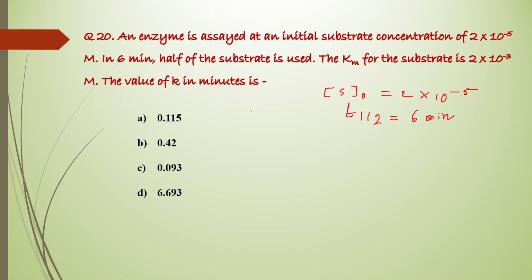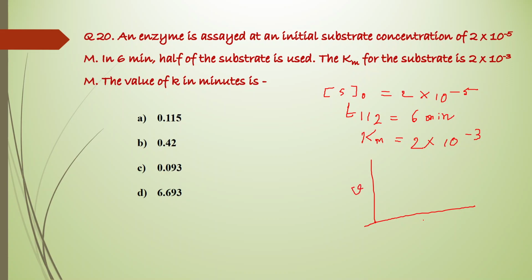Okay. So first of all, let me write down the Km value again here. Km is 2 into 10 to the power minus 3. Fine. Now let us remember how the curve for enzyme kinetics looks normally.